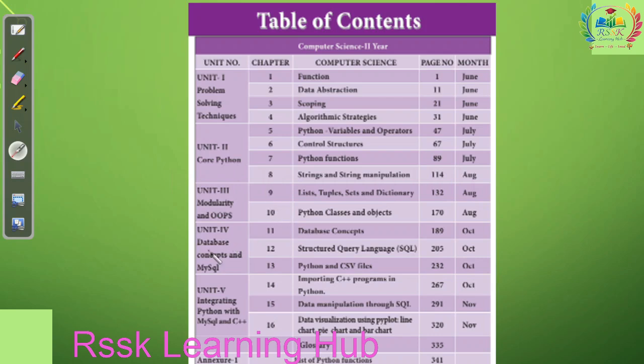Then in your fourth unit, this is database concepts and MySQL. Here you have 3 chapters. This is your backend. Python and OOPS are your front end tools. Just now I told you. Then the fifth unit. See the name itself: integrating Python with MySQL and C++.